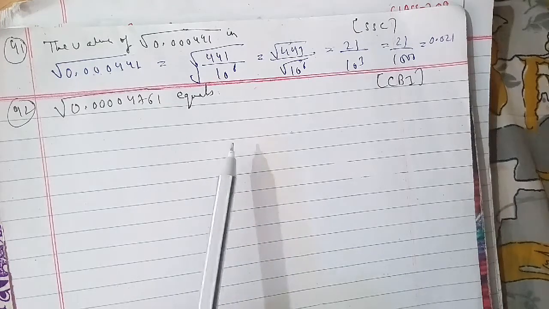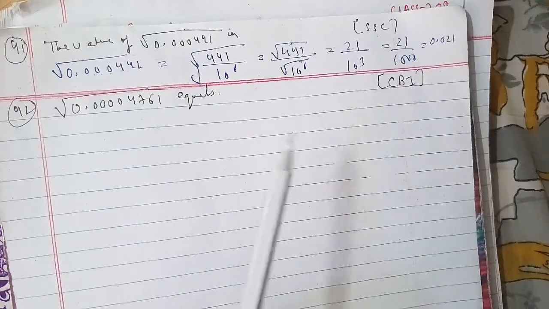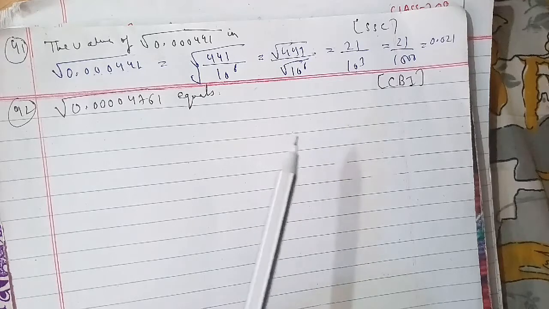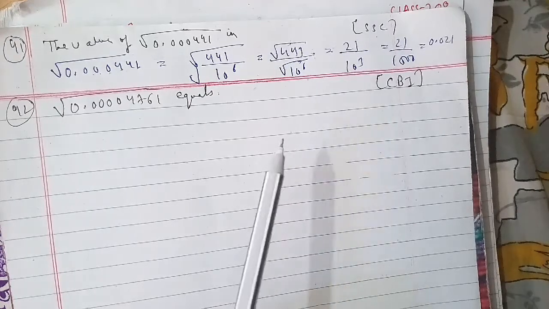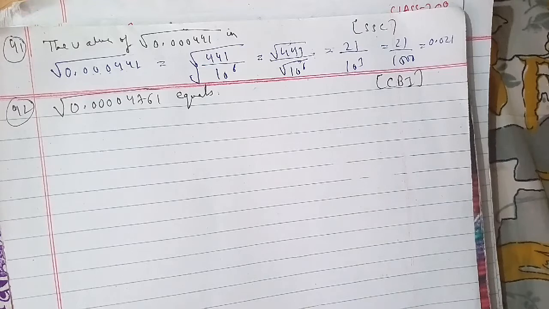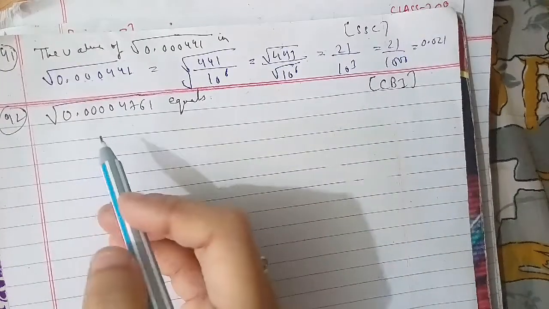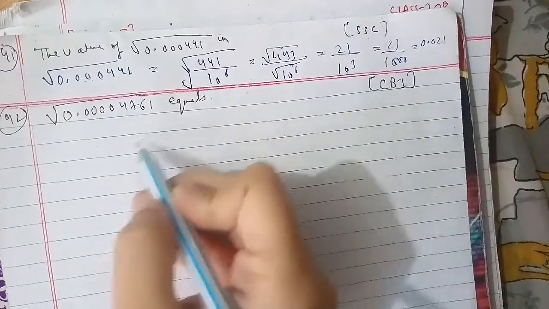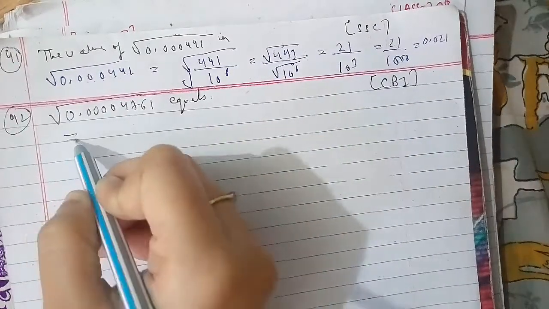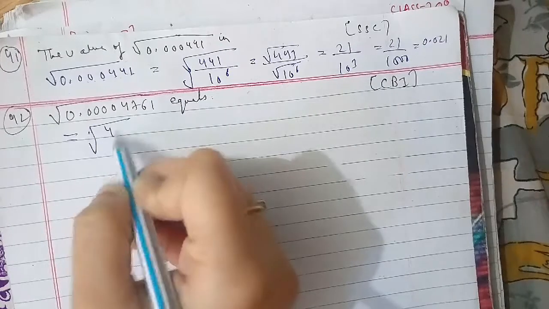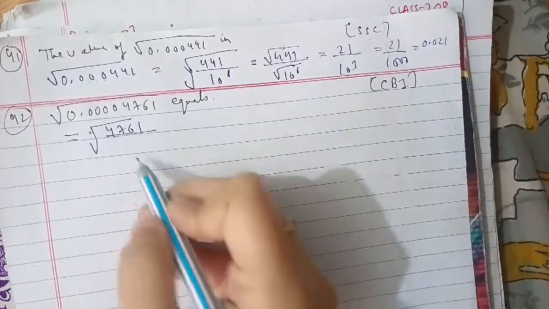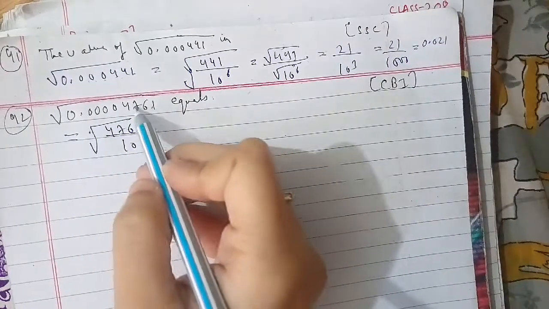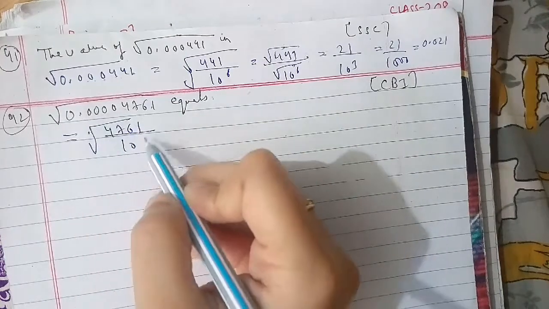So 10 to the power 8 is equal to 4761 upon under root 10 to the power 8, which equals 69 upon 10 to the power 4, just half of it. 69 upon 10000 equals 0.0069. That will be the right answer for this question as well.